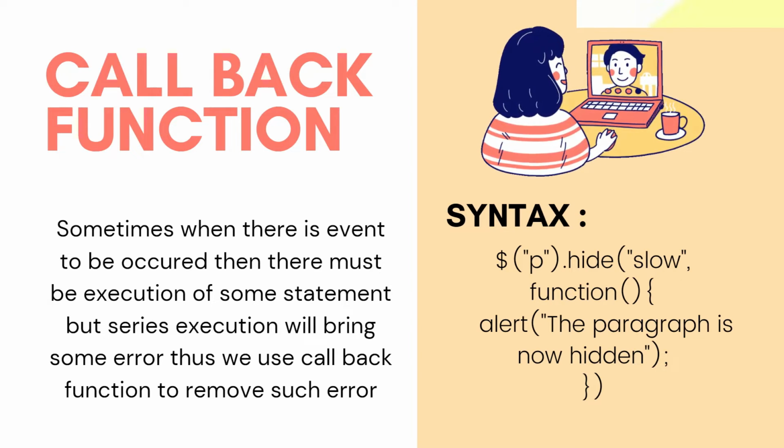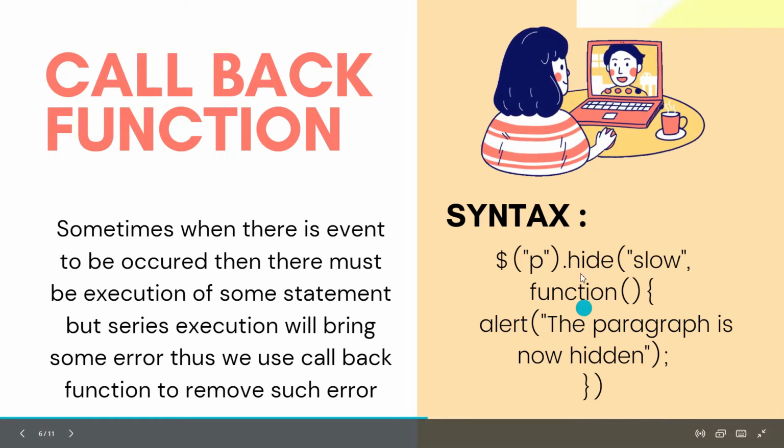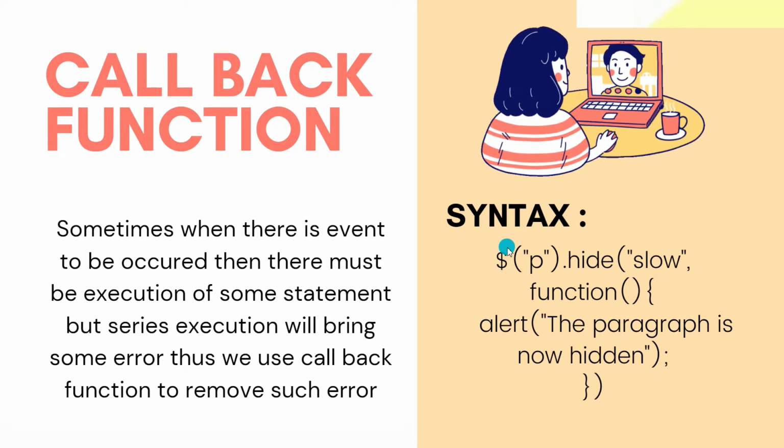For example, here I have used the alert function. Whenever I click something, it is going to hide this p element with a slow transition, and here we have a callback function. Whenever this is executed successfully, it is going to show us the alert method, else it will not show.